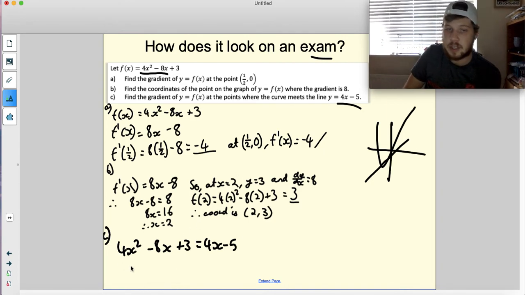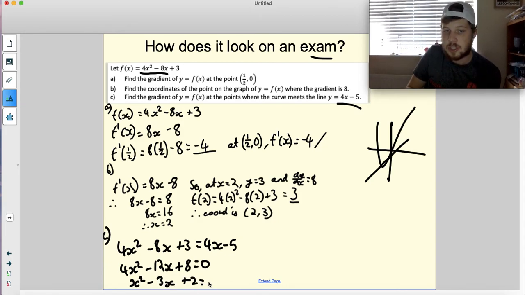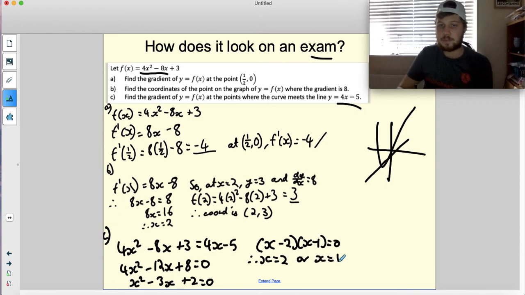By moving everything across, I get 4x squared subtract 12x plus 8 is equal to 0. I can divide through by 4 to get x squared subtract 3x plus 2 is equal to 0, and that will give me values of x. x subtract 2, x subtract 1 equals 0, therefore x equals 2 or x equals 1.